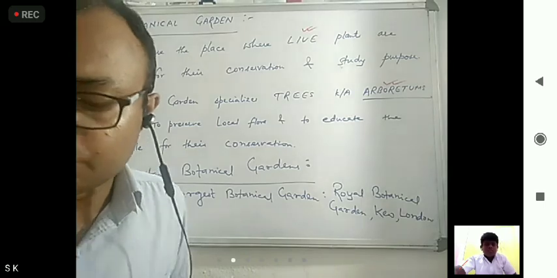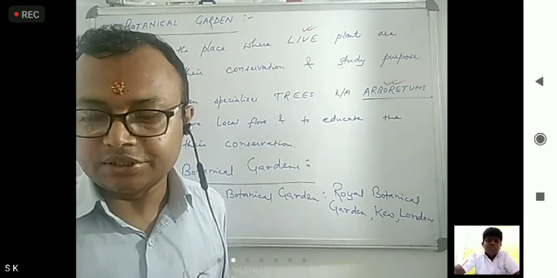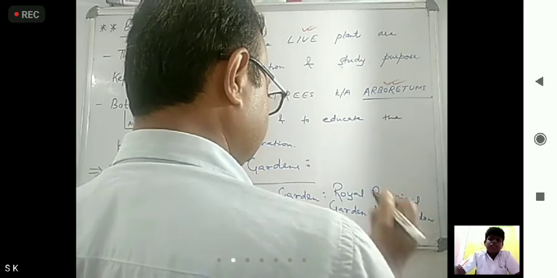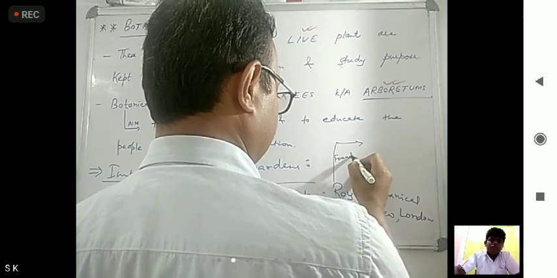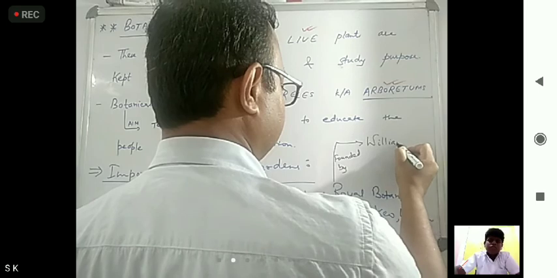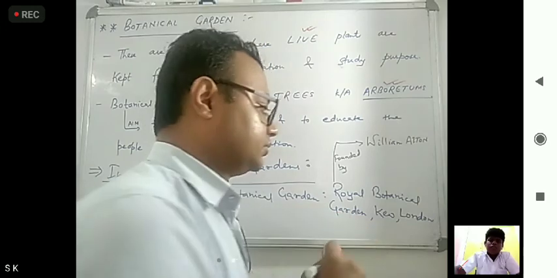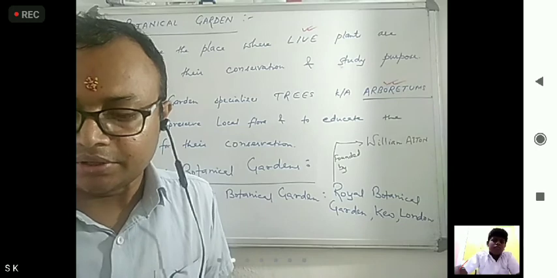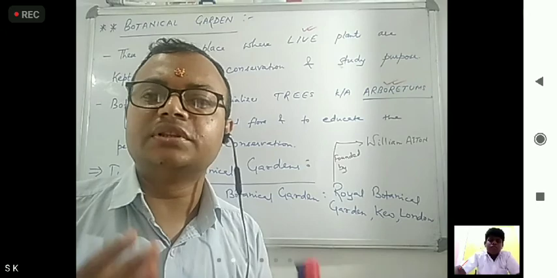This was founded by William Aiton. The scientist's name was William Aiton. So Royal Botanical Garden was founded by William Aiton. It is known as the botanical capital of the world.